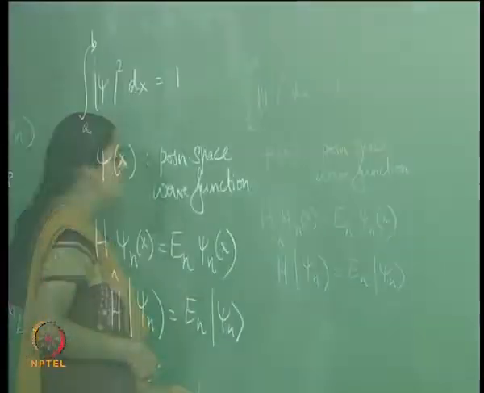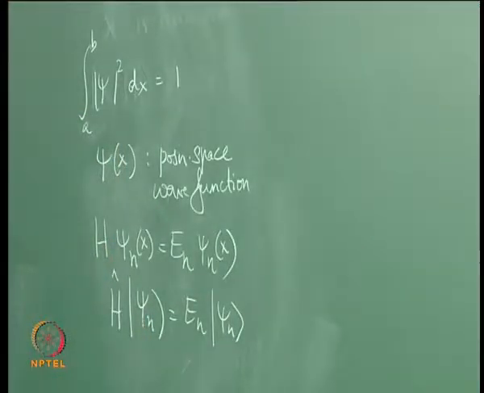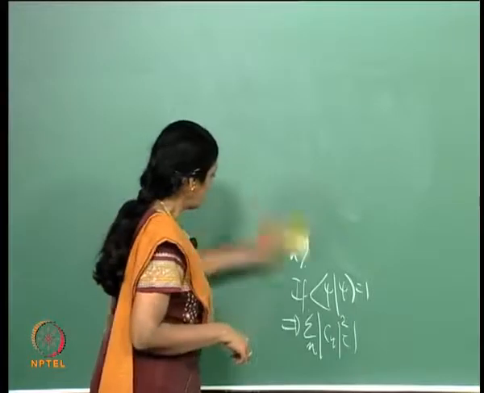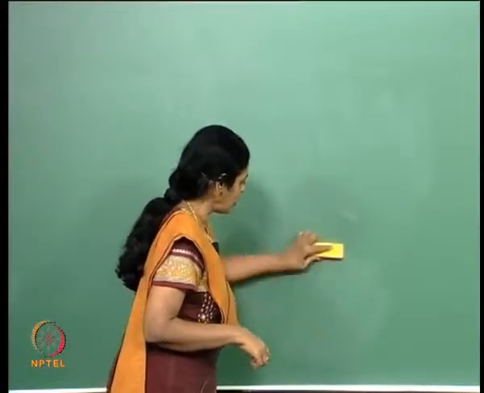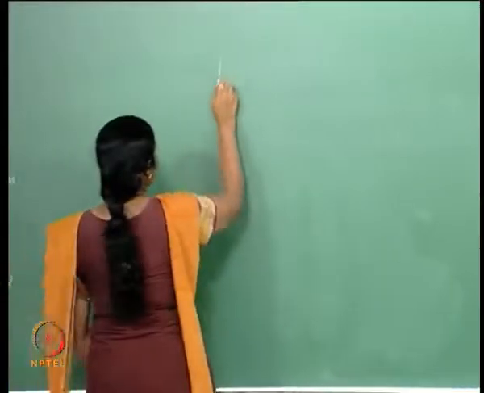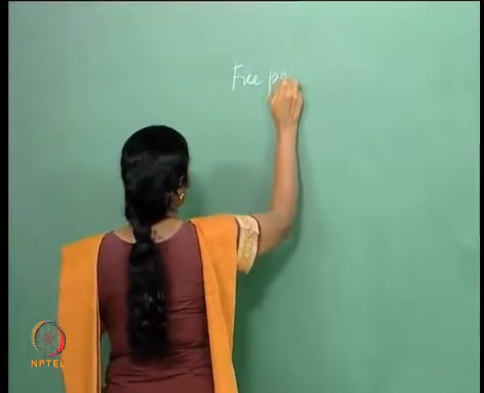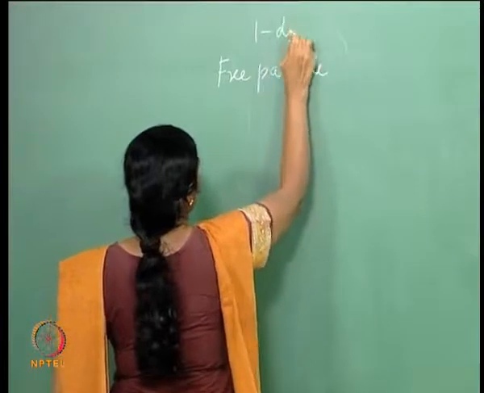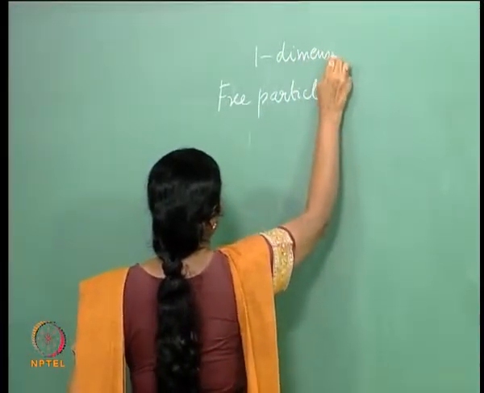So let us look at the simplest example. Let us look at a free particle. There is no potential, and therefore the Hamiltonian gets its contribution purely from the kinetic energy. So I consider a free particle. This is in one dimension. We can always generalize it.